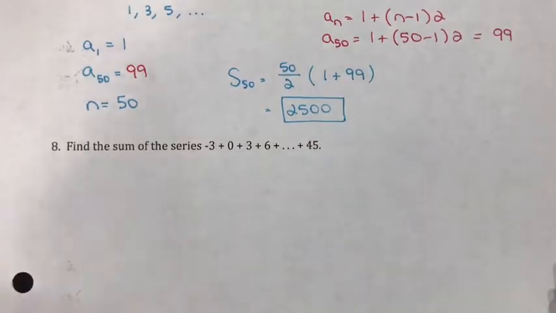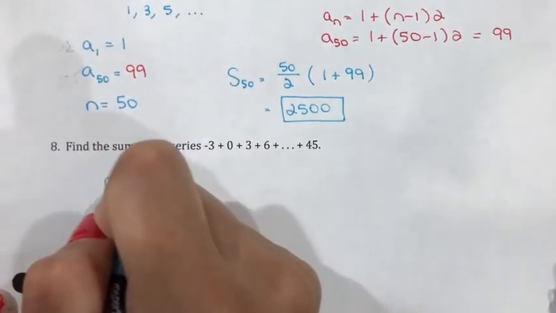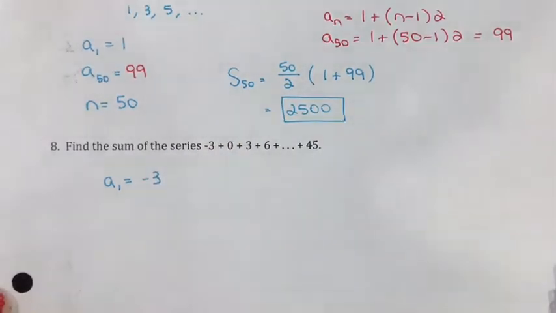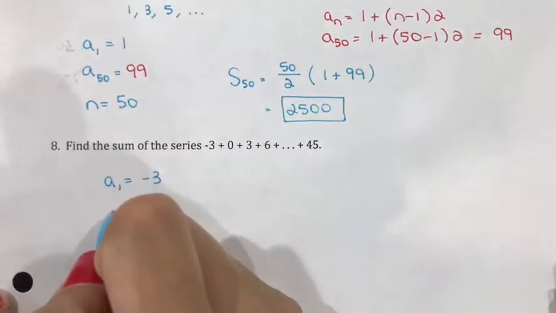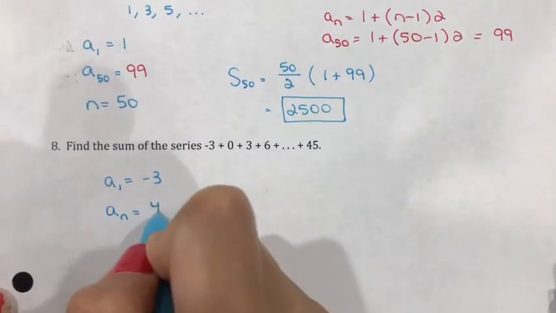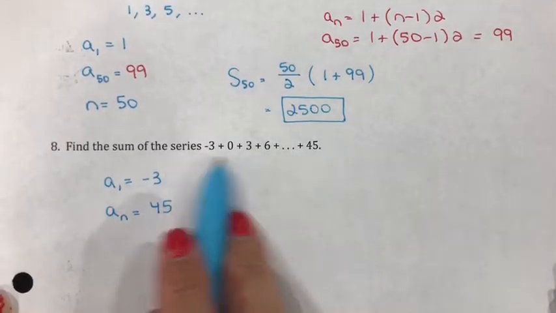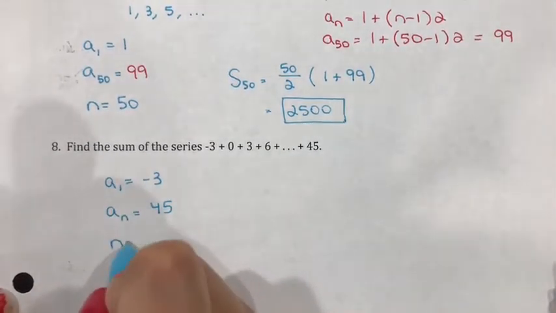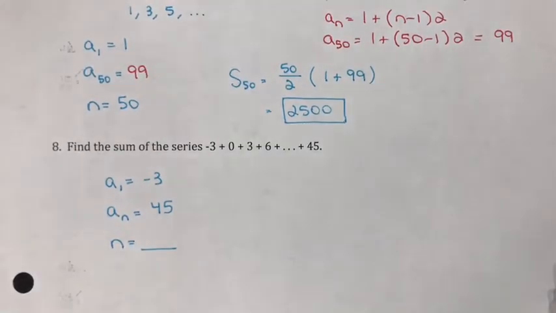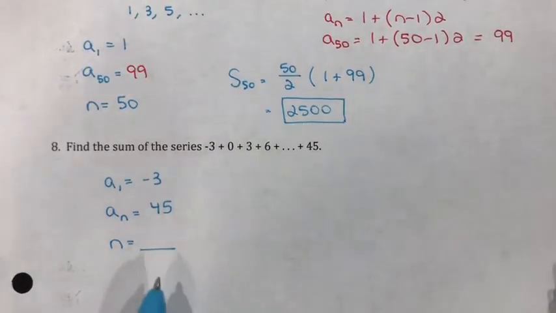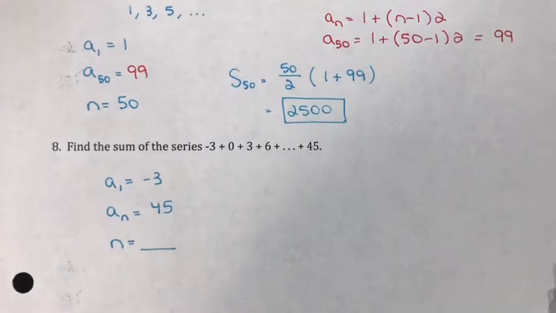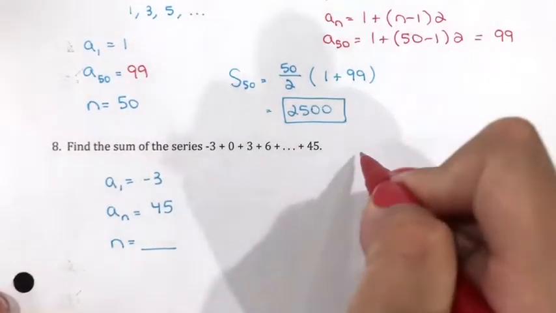Find the sum of this series. So my first term is negative 3. My last term is 45. But the problem is, I don't know how many terms there are. So here's another situation where we're missing something. So I'm going to write out my explicit formula.